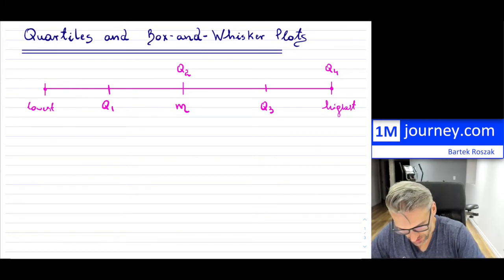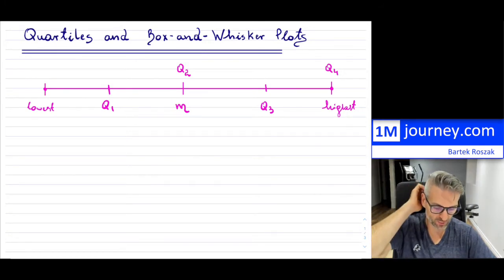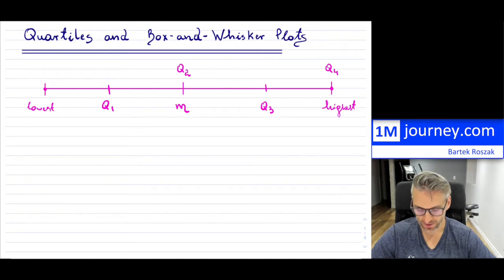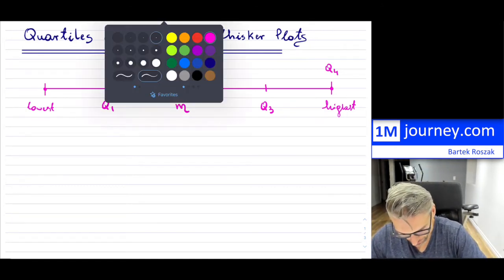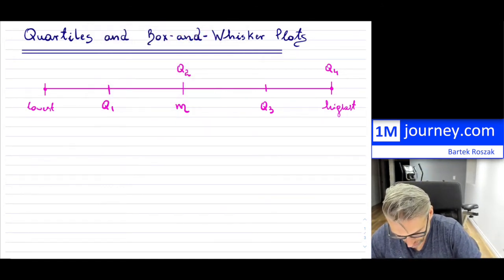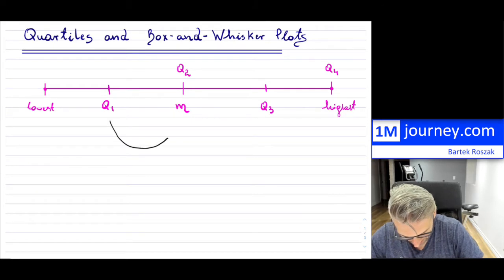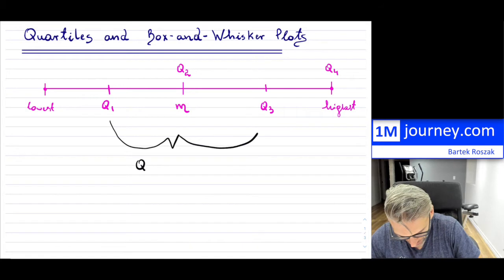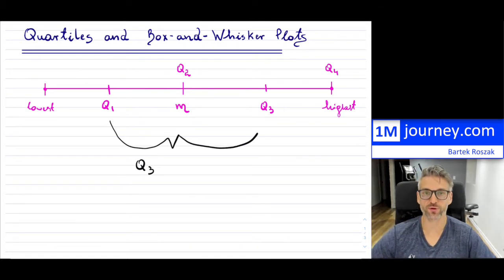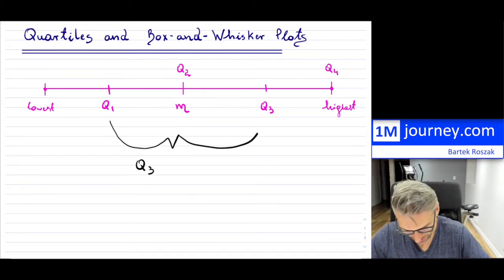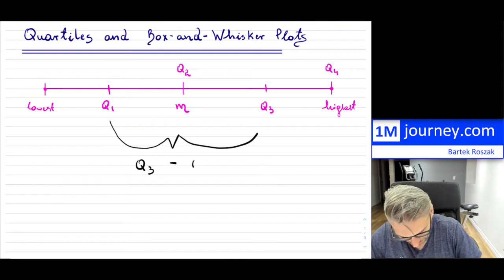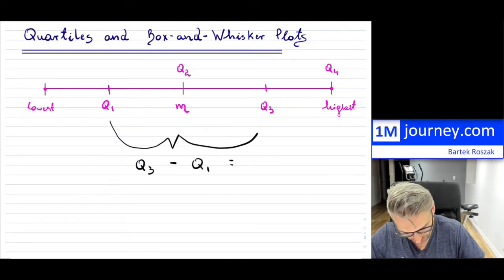What we do is construct these box and whisker plots from all of these. Before I jump into that, I want to point out that once you find your third quartile and subtract your first quartile, this is going to give you a range, and this is called the interquartile range.